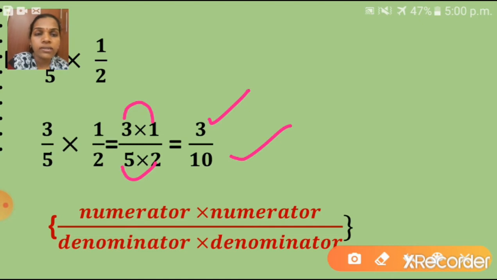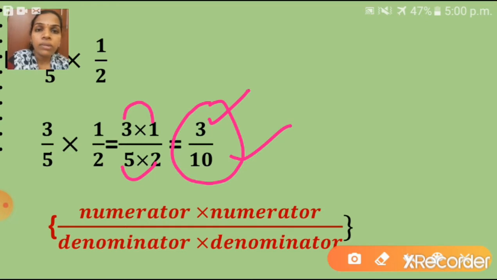It is your answer. Here, is there any common factor? No, so we can't simplify. If we have any common factor, we have to simplify. So what is your answer? 3 upon 10. So children, understood now? In multiplication, you don't see whether the given fractions are like or unlike.